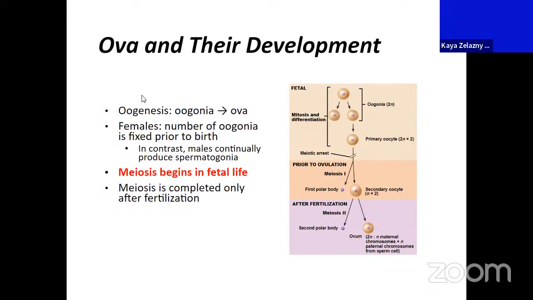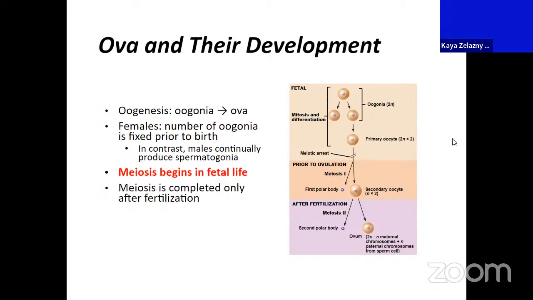For oogenesis, genesis is creation, and oo is our egg. We're going to go from our oogonia, the progenitor cell, to our ova, those mature egg cells. But you can see that instead of splitting this up based on location, as in males, where this picture was a crosscut through two neighboring Sertoli cells, we've got a timeline here.